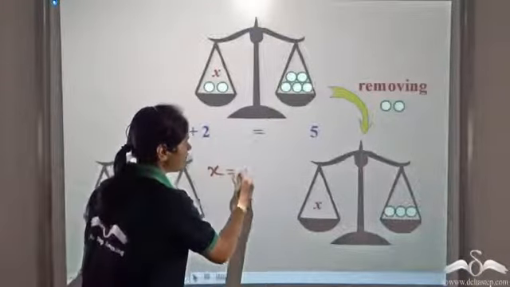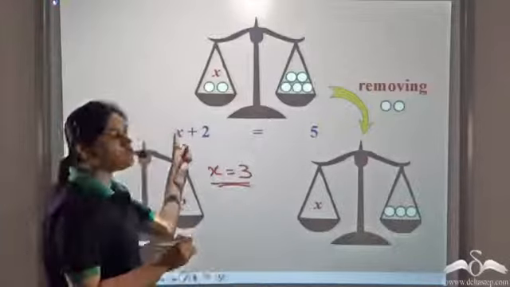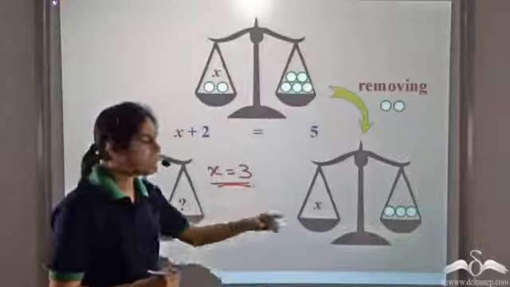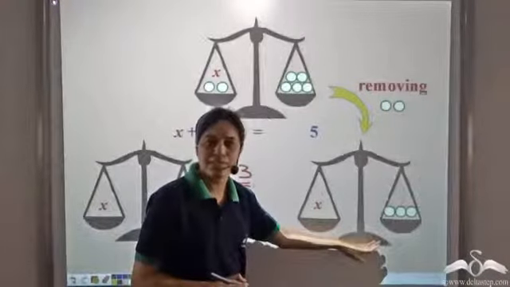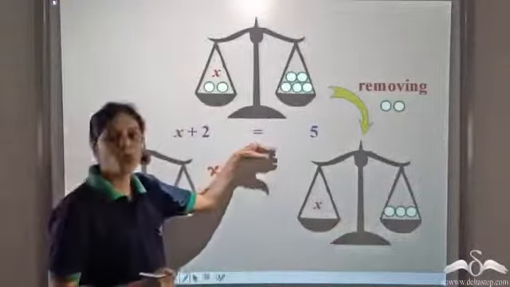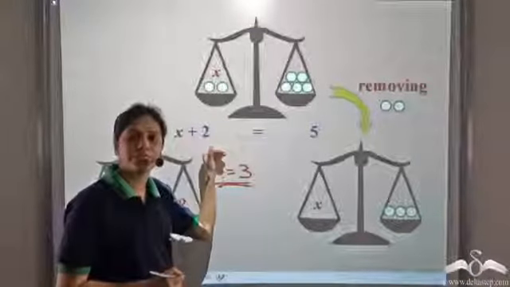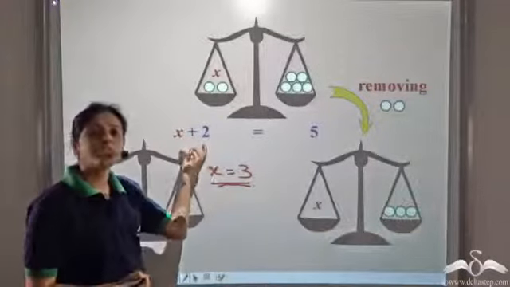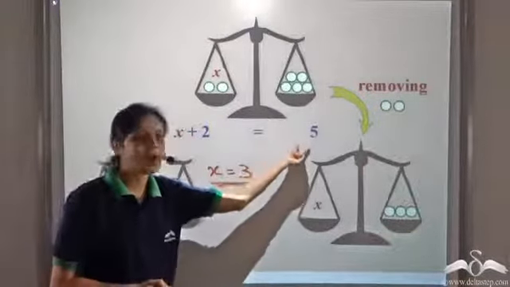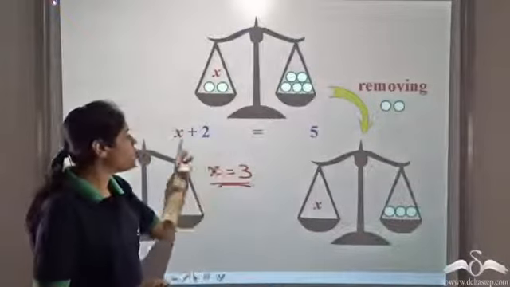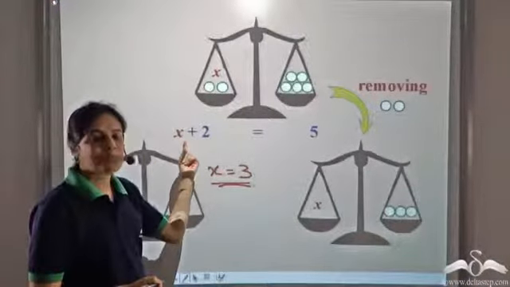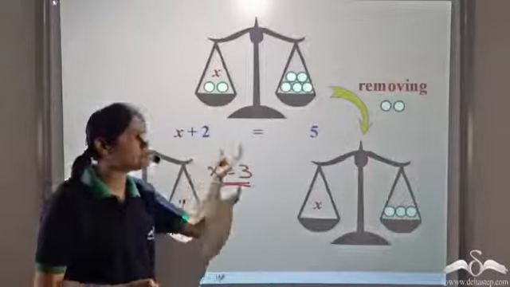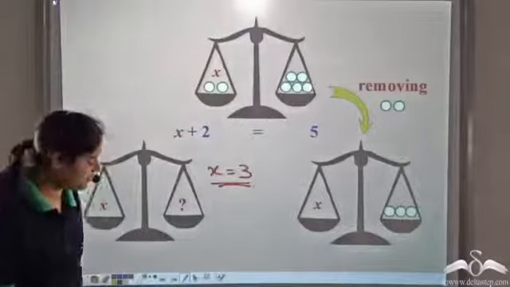So, x is equal to 3 is the solution of this equation because when x is equal to 3, the scale is still balanced. That is, the equality holds if x is equal to 3. We can verify it. 3 plus 2 is equal to 5, which is what we have on the right hand side. So, the value of x, which makes left hand side equal to right hand side, is 3, because 3 plus 2 is equal to 5.